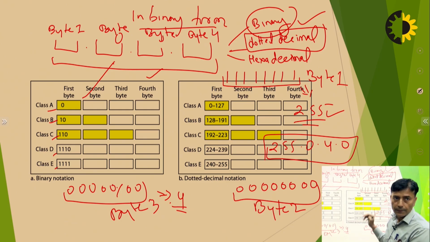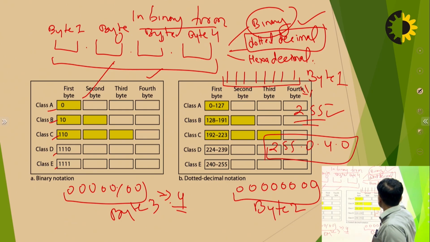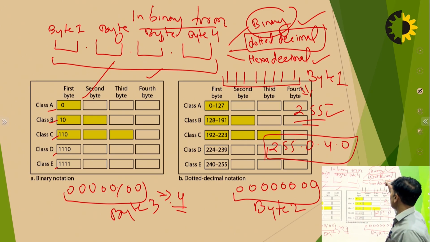This is the binary. Similarly, there is another notation, hexadecimal. In hexadecimal, we know that 4 binary symbols are converted into the hexadecimal equivalent number. So there are 3 common notations used in IPv4: binary, dotted decimal, and hexadecimal. I think this is now clear.